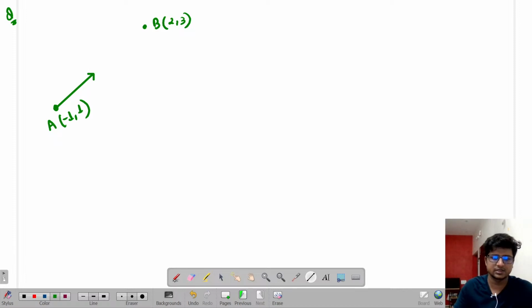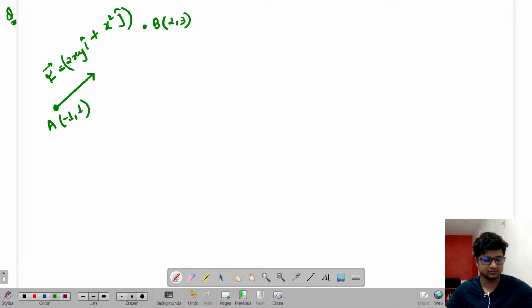The force is written as F vector equal to 2xy i cap plus x square j cap. Try this question. One minute.